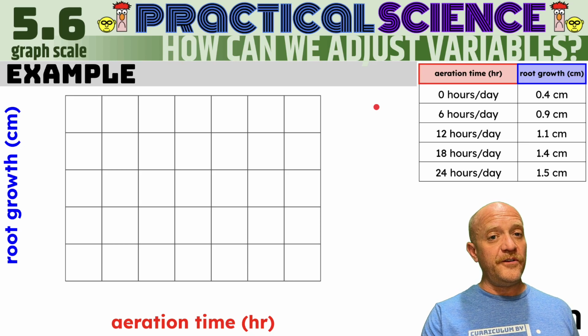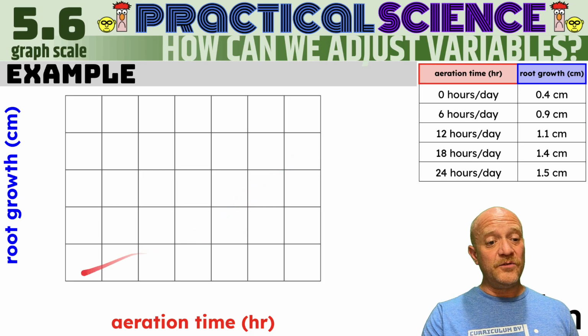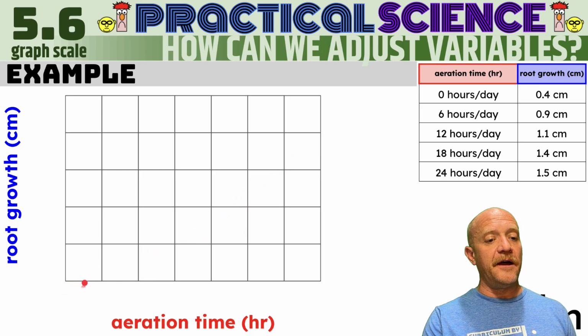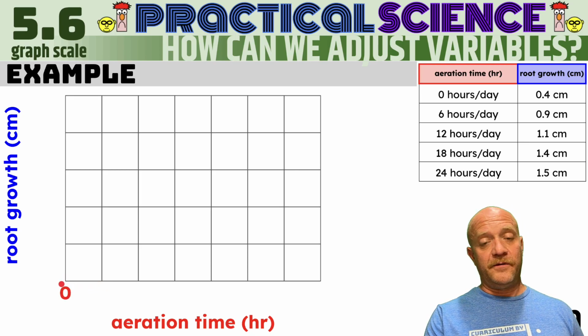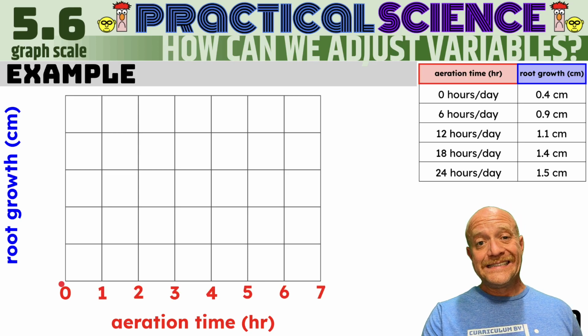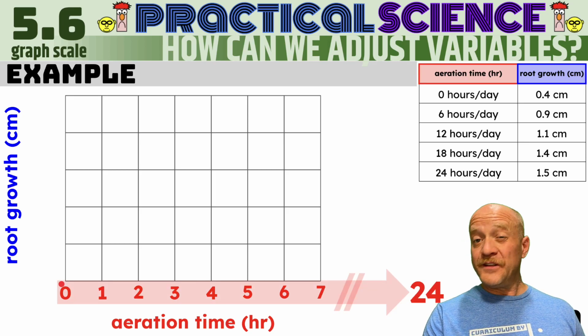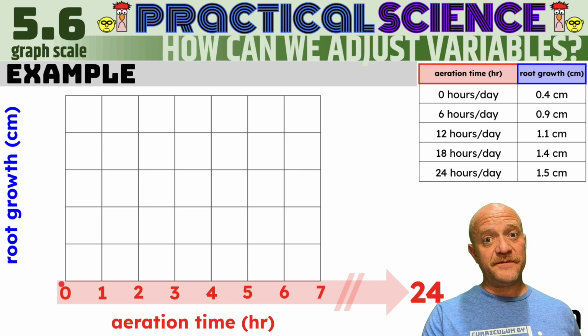Now, what we will do is first, let's try to count by ones. Just so you know, you're going to put your numbers underneath the line, not underneath the boxes. On a line graph, you would start out, for example, count by ones, 0, 1, 2, 3, 4, 5, 6, 7. I can't get to 24. 24 is not going to fit. So let's try the next number. Count by twos.